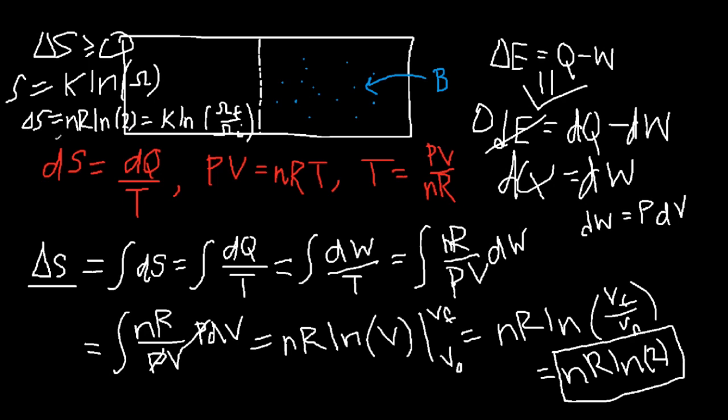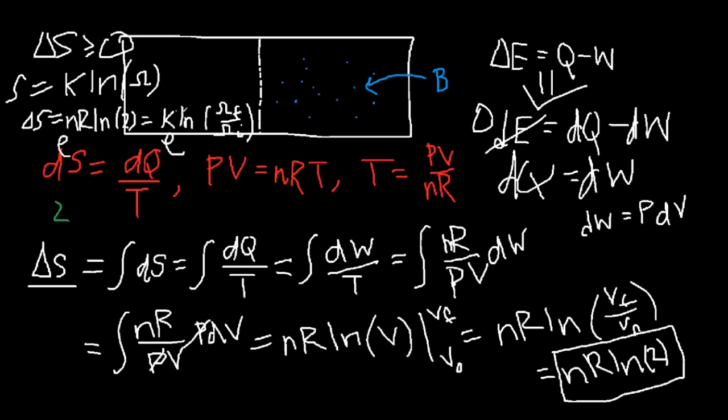Just like that. We can raise e to some of these things, and some things will cancel, so let's do that. We raise e on both sides, and we're going to have e to the nR over k, and this is just going to be 2.